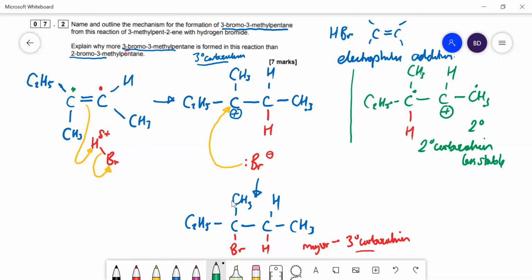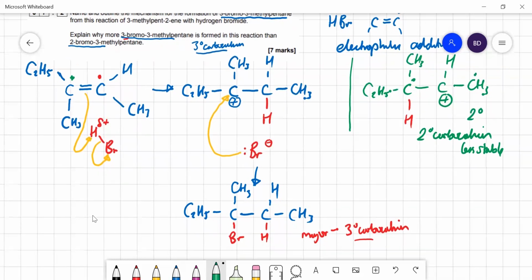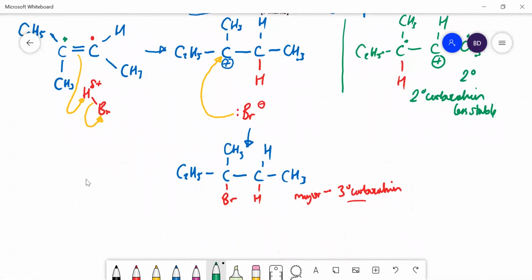Why is the tertiary carbocation more stable? Well, it is because you have got 3 alkyl groups. Sorry, draw it on the carbocation.